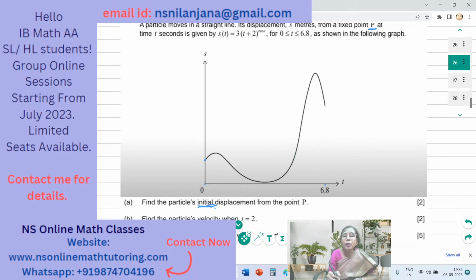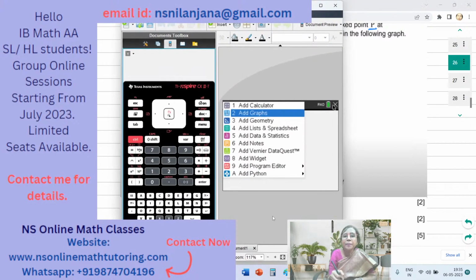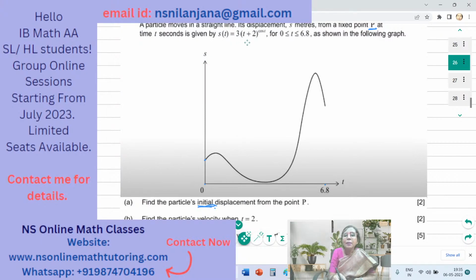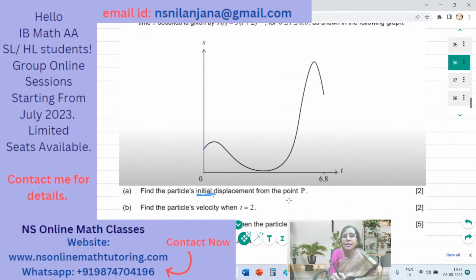So let us go to the calculator and it is add graphs. It is 3 times. In place of t, we will be taking the x because the horizontal axis will be the x axis for us. Okay?